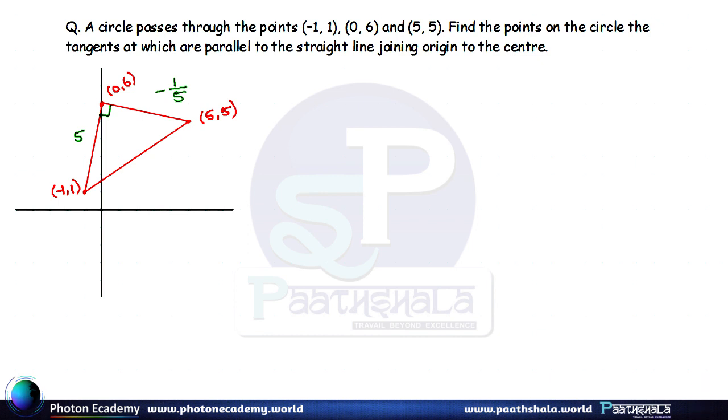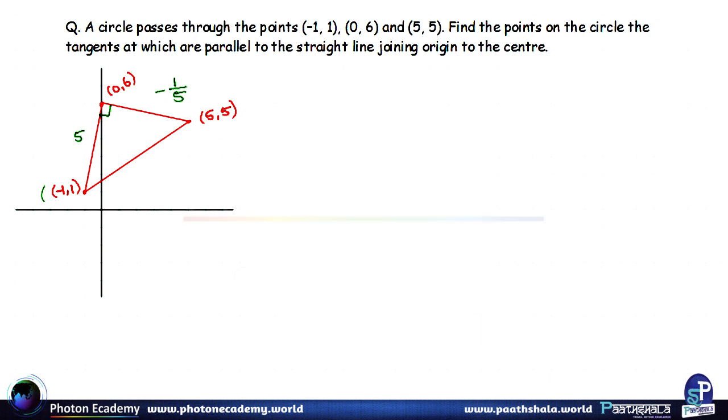So that just means that these 2 points are diametrically opposite points of the circle. We know the formula for writing the equation when the diametrically opposite points are given, right?